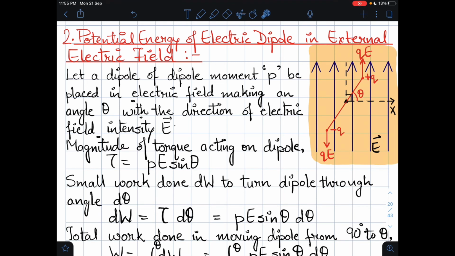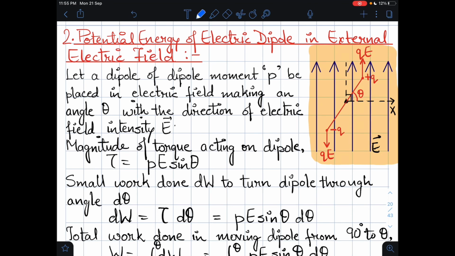So if I have to find torque, the magnitude of torque acting on the dipole is equal to pE sin theta, which we have studied earlier also. So torque tau equals pE sin theta, and the small work done in turning the dipole through an angle d theta, like here it is theta, but I am just considering it moved by a small amount, not necessarily by this amount.